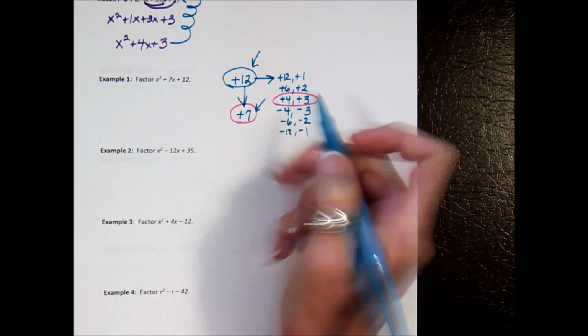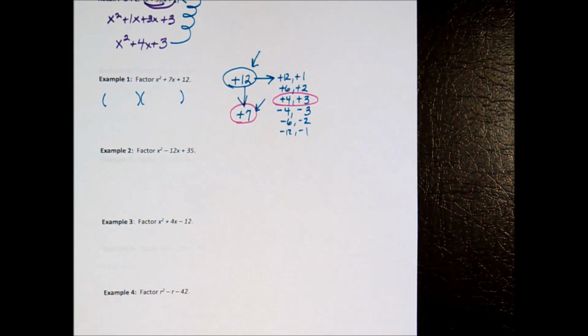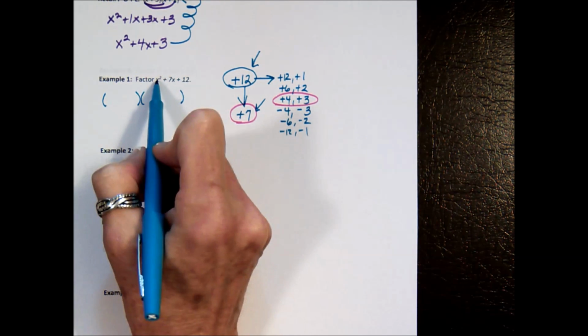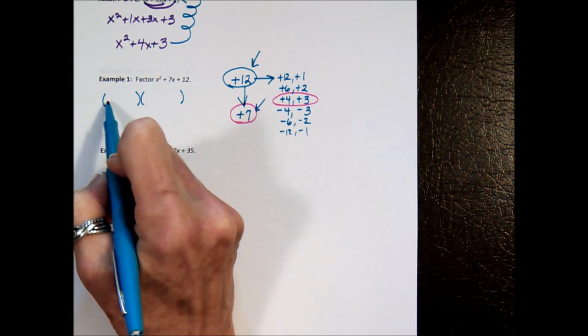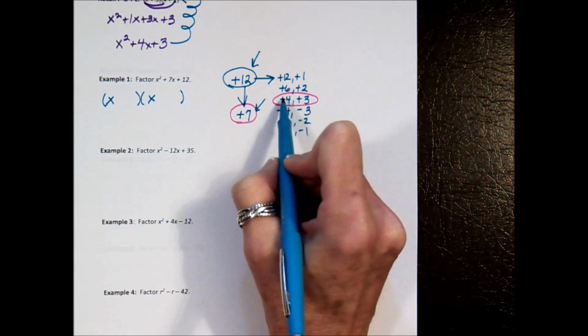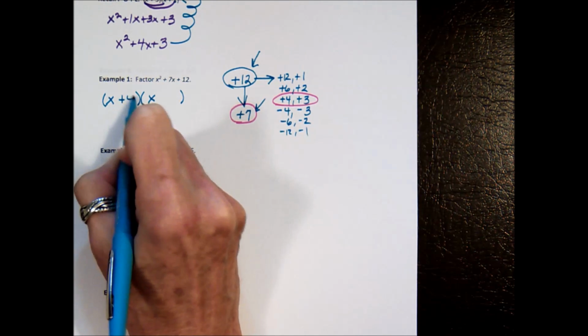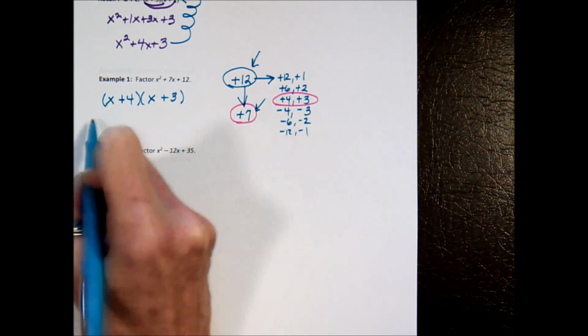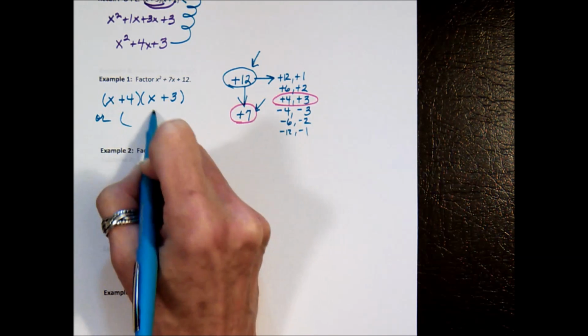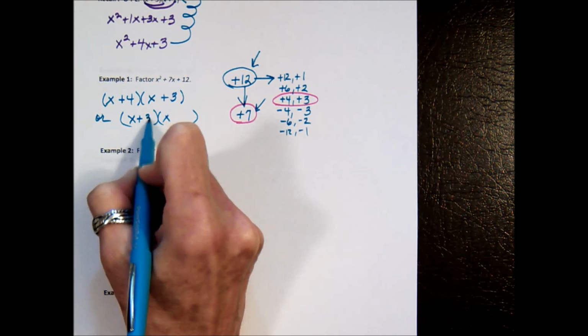Once you have those two numbers, all you do is make your FOIL parentheses. To get x squared, when I do first times first, I need x times x. And now I'm just going to write these two, and it doesn't matter the order. Plus 4 plus 3, or you could do it like this, x plus 3 plus 4.